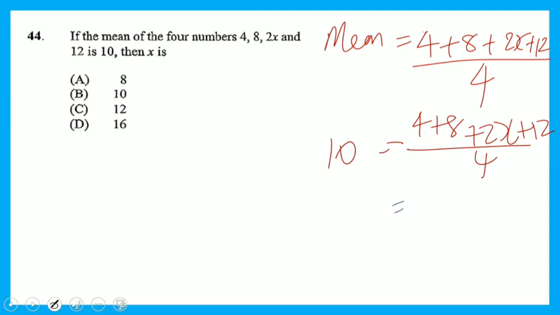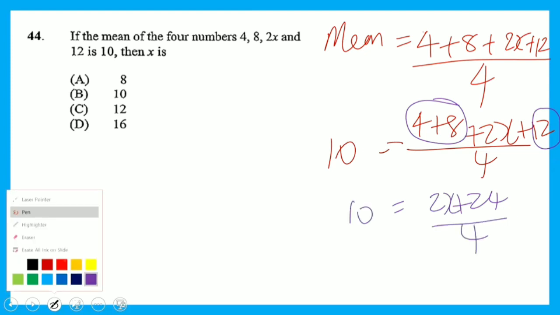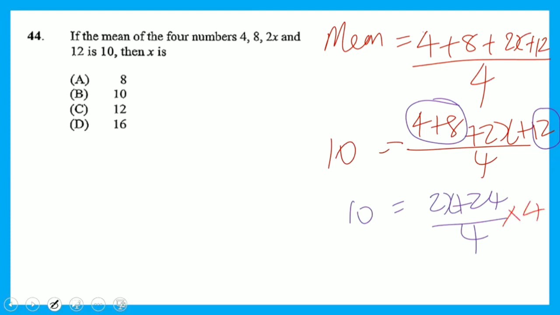All right, simplifying our right-hand side, the numerator, we have 12 plus 12. That's 24 plus the 2x that would have been there originally over 4 equals 10. Multiplying both sides by 4, we get 2x plus 24 equals 40.